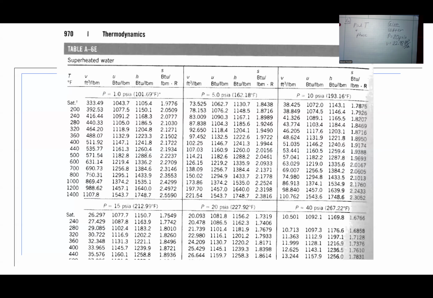So I go to the superheated vapor tables and look for the block that has 20 psi in it. Found it. There's a block for 20 psia. And then I'm looking for a specific volume, again, of 22.98. So I'm going to come down through the different specific volumes, and notice I've got a match. So I put my straight edge across here.